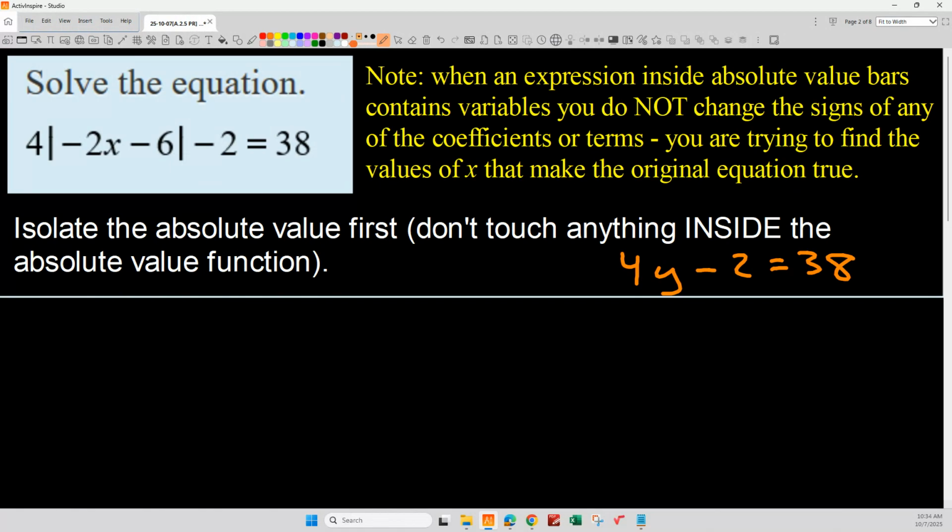Same thing here. This entire absolute value we just treat like a y or something. It's just one big variable. We're trying to isolate that whole thing. So we do the same inverse operations. We're first going to add 2 and then divide by 4. So our first goal when we're solving an absolute value equation, the first part of our strategy is always isolate the absolute value on one side of the equation, right? Okay, so let's do that.